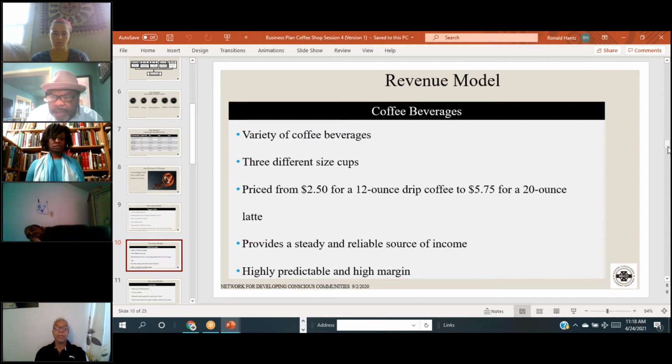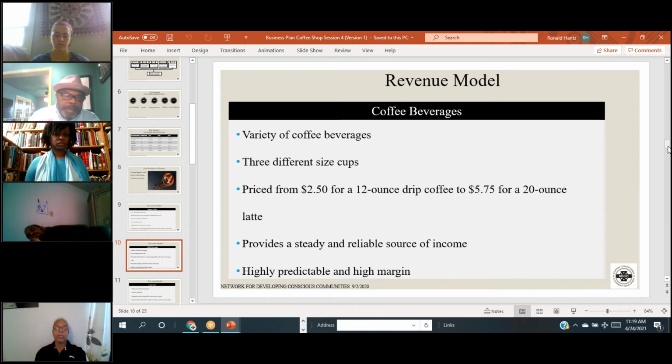All right. For this particular model that we're looking at, this coffee shop, there's a variety of coffee beverages, different cup sizes, and we see that in 7-Eleven and any coffee establishment: small, medium, and large. And the prices go in alignment with the small, medium, and large.